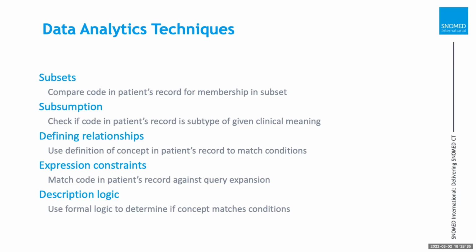But you can also use subsumption to check if a code is a subtype of a particular clinical meaning, or you can use the concept's defining relationships to match against some query criteria. You may also use expression constraints, and you can use SNOMED CT's description logic for even more powerful reasoning. I'm now going to take you through the principles of each of these techniques.